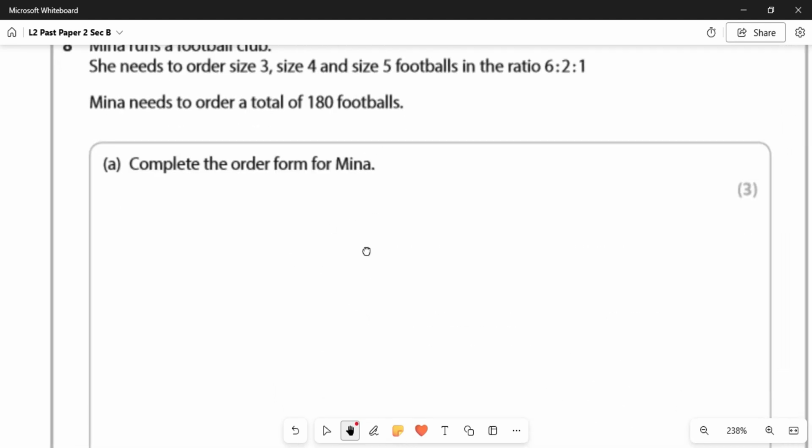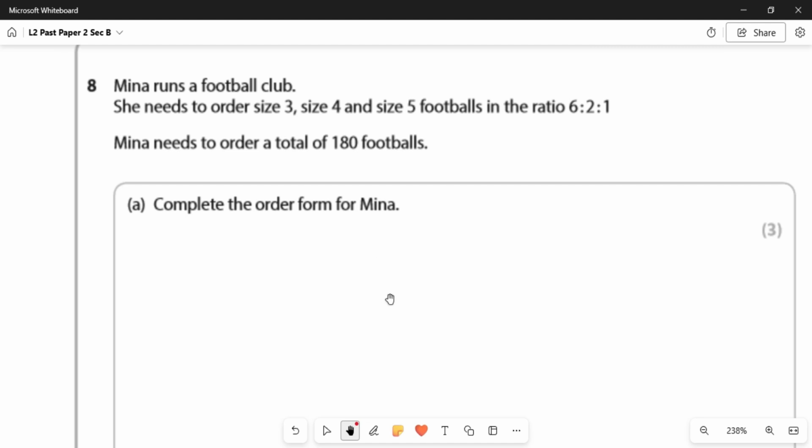So for a ratio question, I always write the ratio down first. Let's just see what we've got. 6:2:1. So what does the 6 represent? They said she needs to order size 3, size 4 and size 5. So size 3 represents 6 parts.